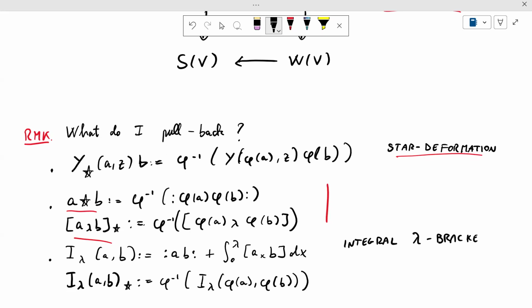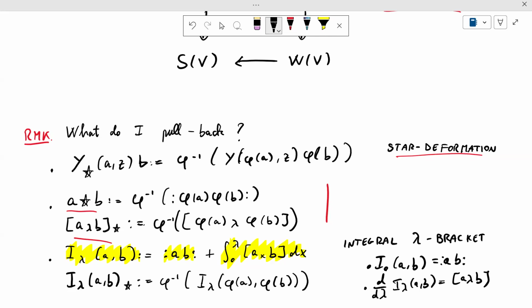So one can pack together the normally ordered product and the lambda bracket, or better, its integral, into a single operator, which is called the integral lambda bracket. And well, one doesn't lose anything by doing this, because one can always go back. Putting lambda equals 0, we just obtain the product, and taking the derivative, one gets the lambda bracket.